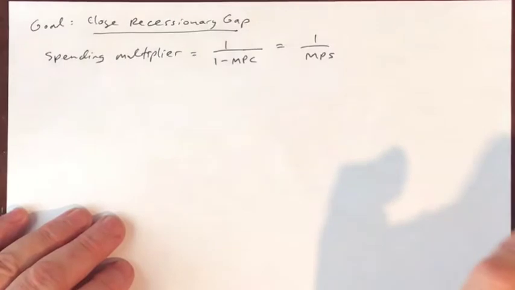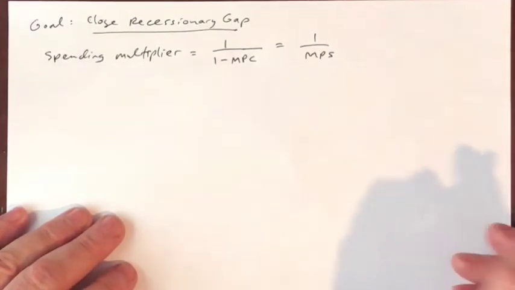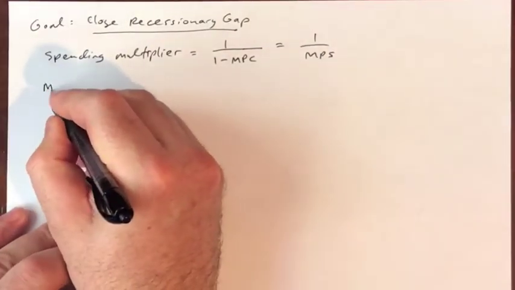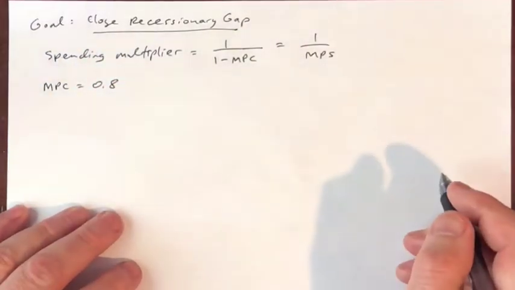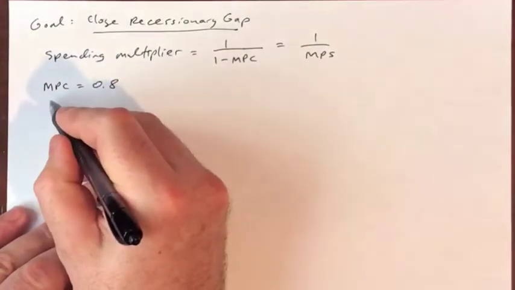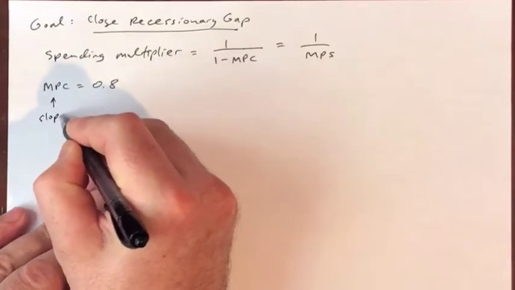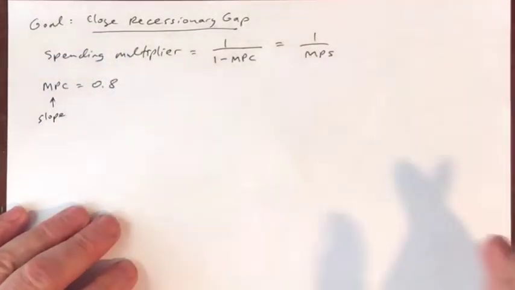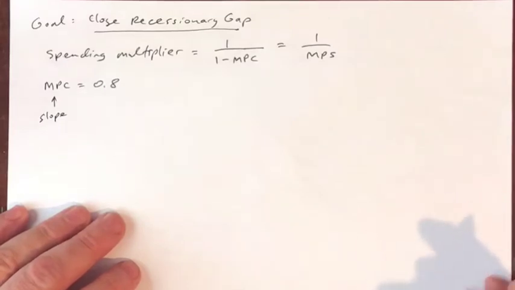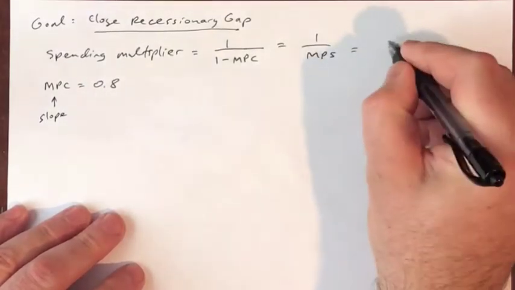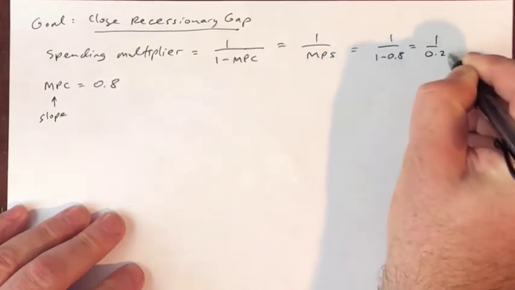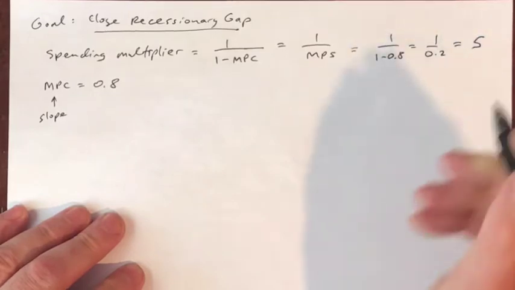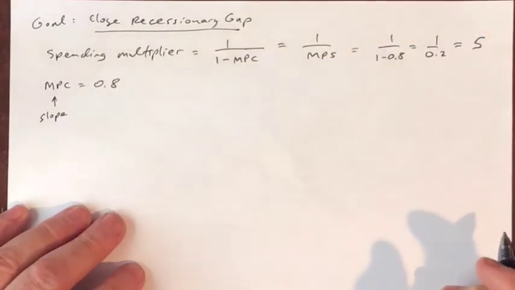In our case, we know that the MPC here is 0.8. The marginal propensity to consume, MPC, is always going to be the slope of our consumption function. So we're going to put this in: 1 over 1 minus 0.8. We're going to get 1 over 0.2. We are going to get a spending multiplier of 5.